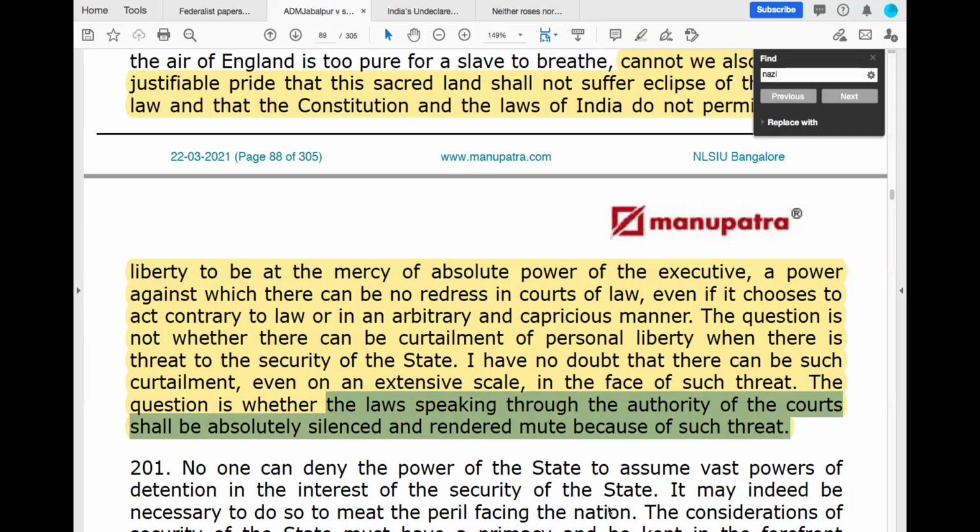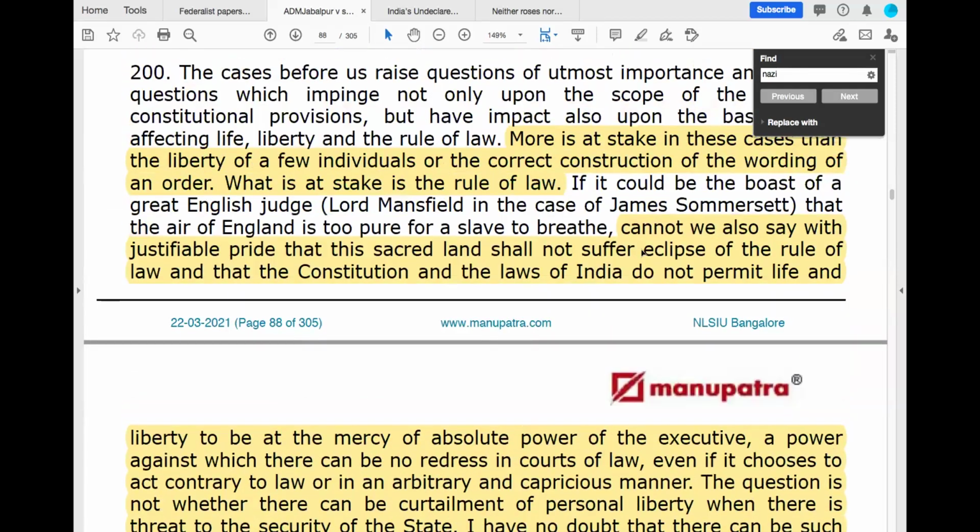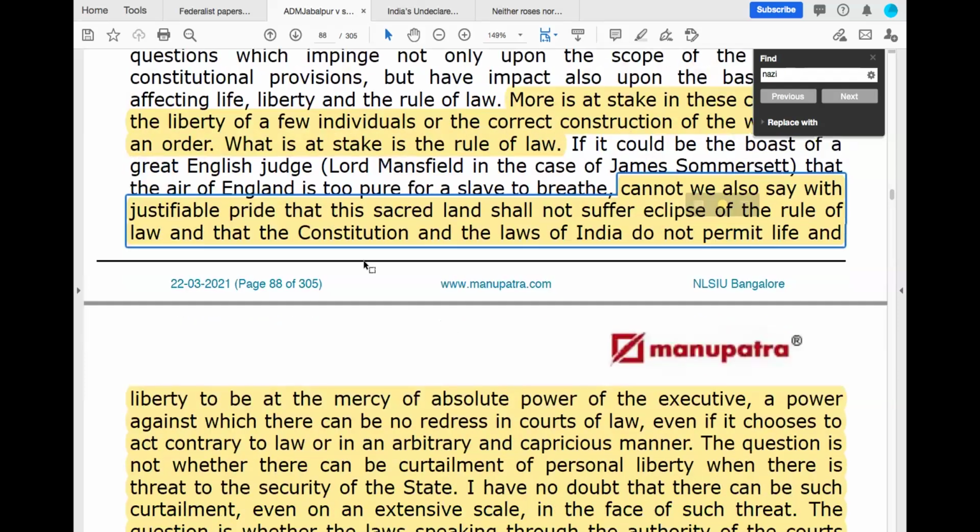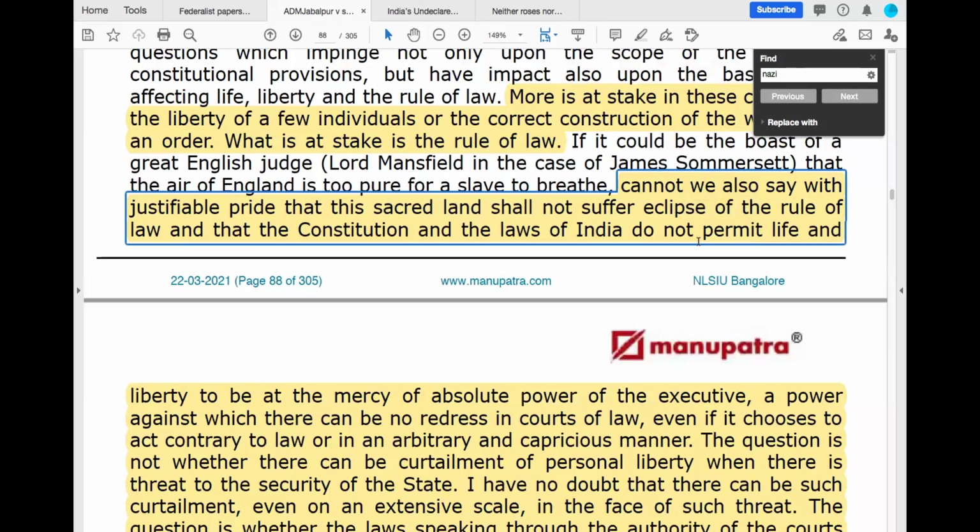That's the question, right? So what happens to law during the emergency? That's the question being raised as far as Justice Khanna's opinion is concerned. That's one part of it. The second part of it, of course, is that the Constitution of India and the laws of India do not permit life and liberty to be at the mercy of absolute power of the executive.